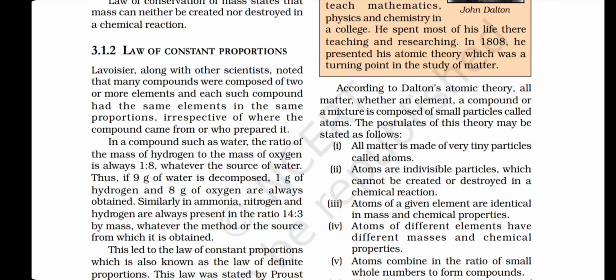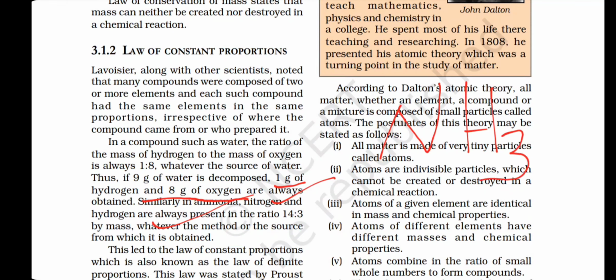He further described that if 9 grams of water is decomposed, 1 gram of hydrogen and 8 grams of oxygen are formed. That is the ratio by mass. Similarly, in ammonia, nitrogen and hydrogen are always present in the ratio of 14:3. The chemical formula is NH3.